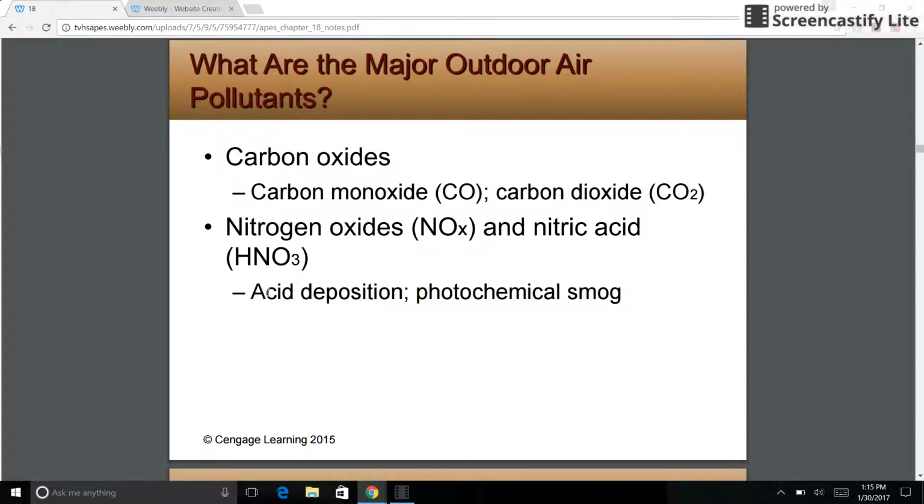Nitrogen oxides, we'll talk a little bit about acid deposition later. Really, sulfur dioxides are one of the main contributors to this, but nitrogen oxides can as well. Nitrogen oxides are a bigger problem when it comes to photochemical smog, where you're getting reactions with light or UV radiation that's changing these nitrogen oxides into different harmful compounds, with ground level ozone being one of those.